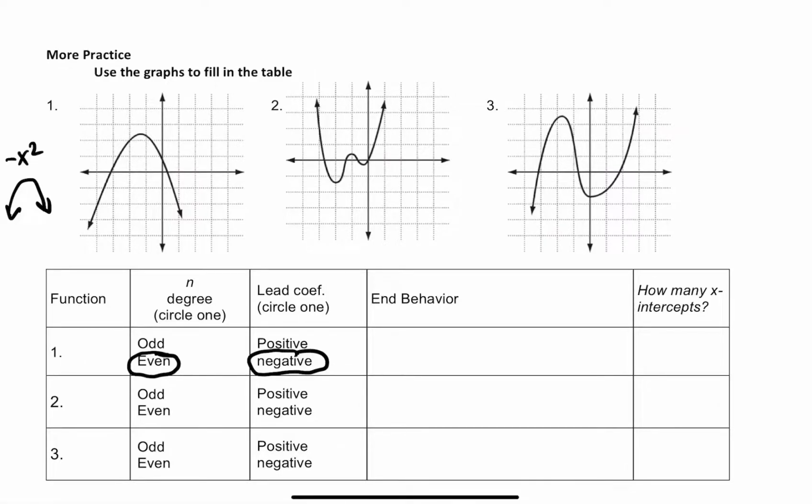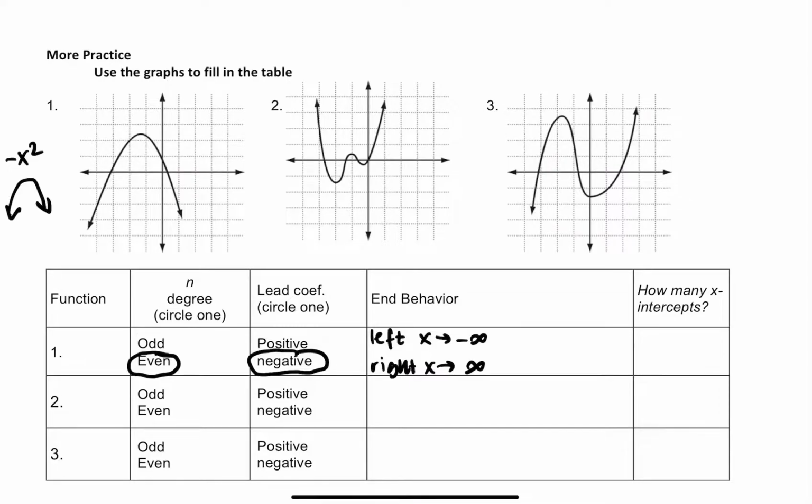The end behavior. Now we're going to use the proper mathematical terminology. So instead of saying left, I'm going to say x near negative infinity, and instead of saying right, we're going to say x at positive infinity. At negative infinity, if I go all the way to the left, this graph is facing down, and down on my coordinate plane I have really big negative numbers.